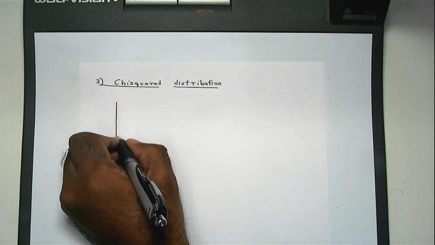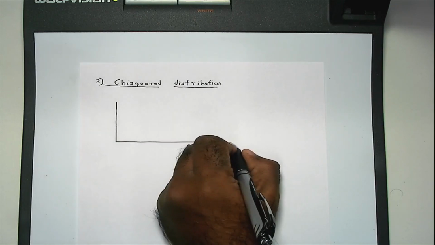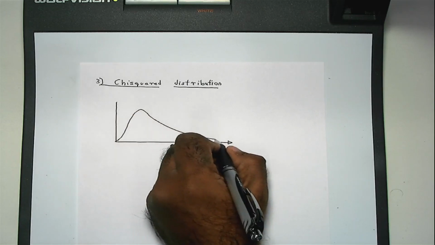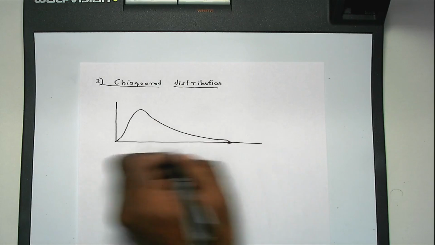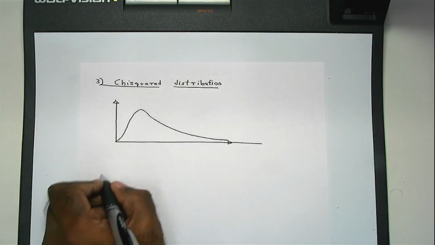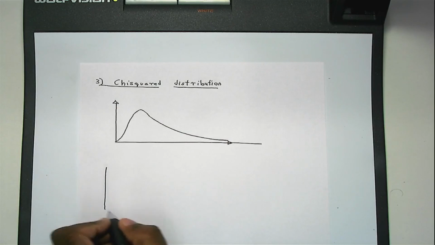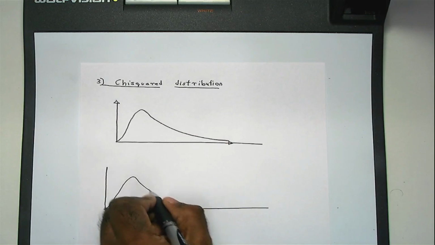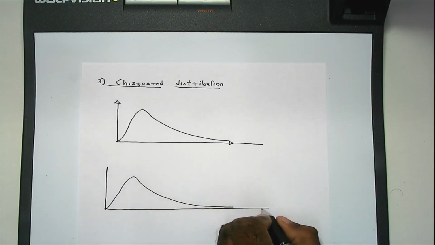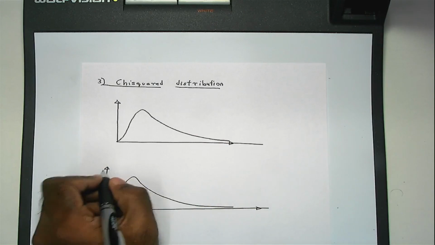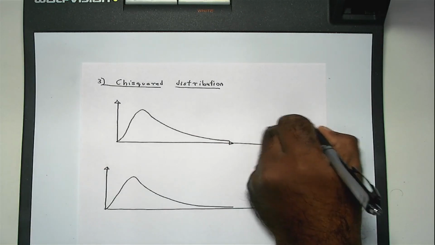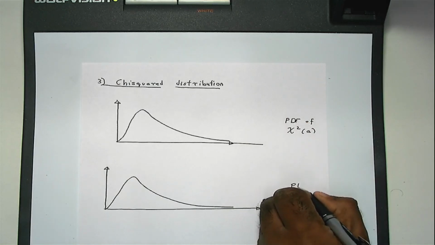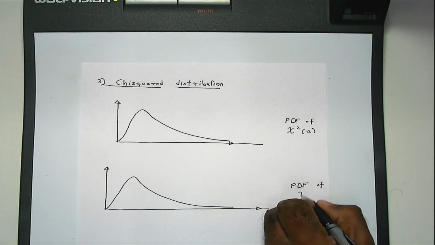The typical shape of the PDF of a chi-square is like this. So this is the PDF of a chi-squared variable with a degrees of freedom.